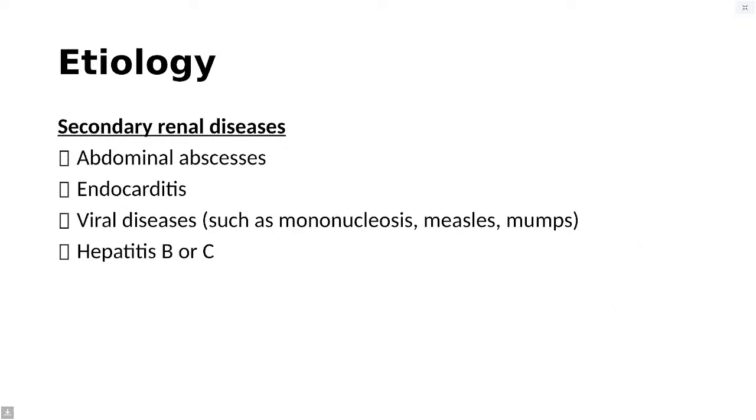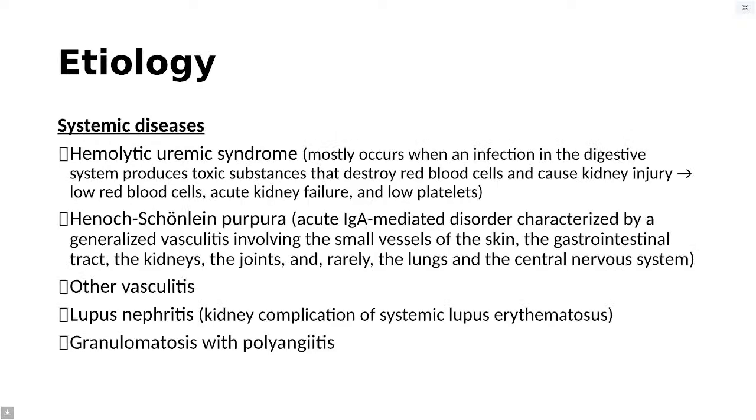Secondary renal disease that we see with acute nephritic syndrome includes abdominal abscesses, endocarditis, viral diseases such as mononucleosis, measles and mumps, and hepatitis B or C. Systemic disease.